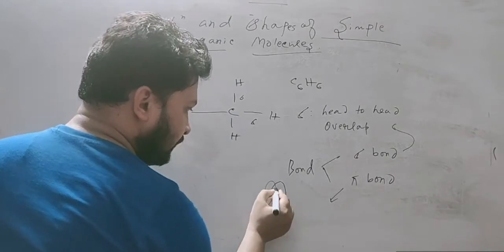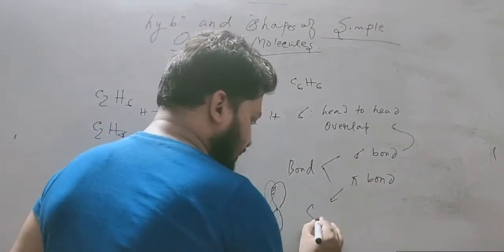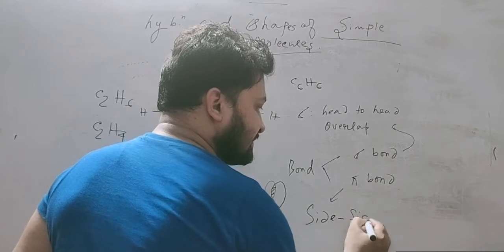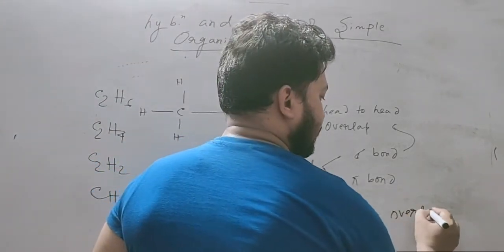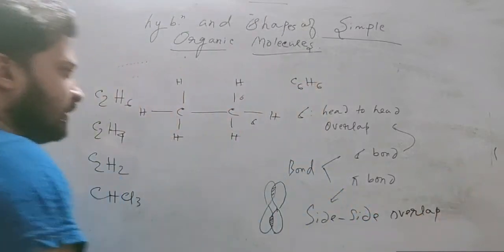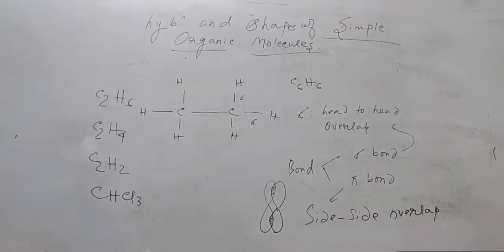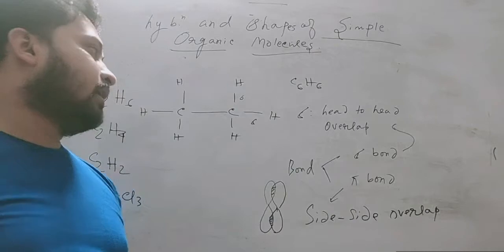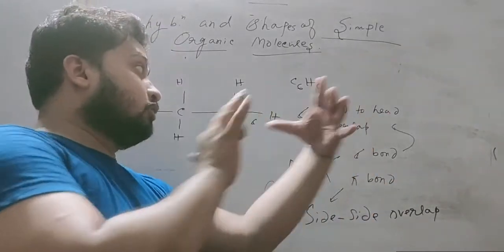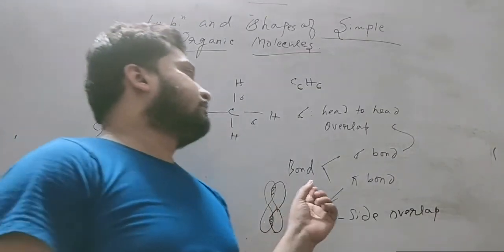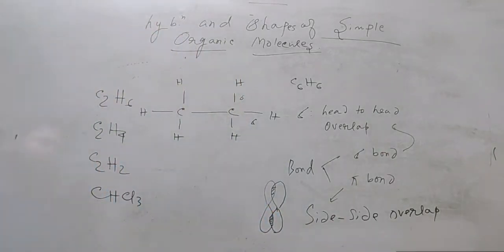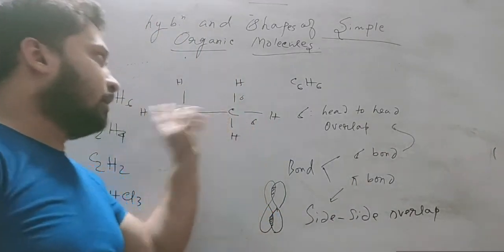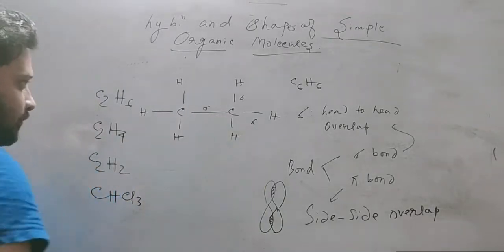Side overlap is the cause for creating pi bond, and head to head overlapping is the cause for creating sigma bond. So the bond between carbon hydrogen and carbon carbon is sigma bond.